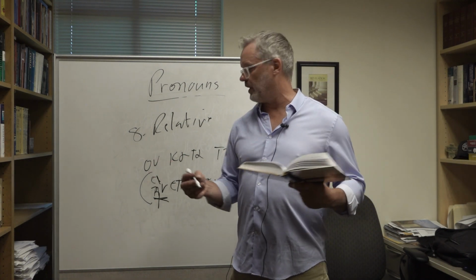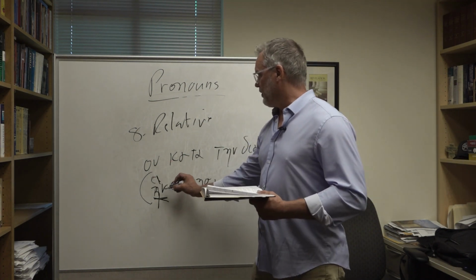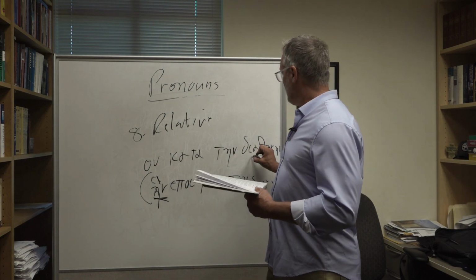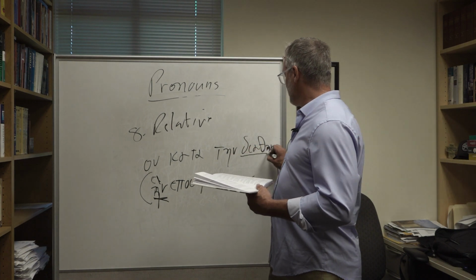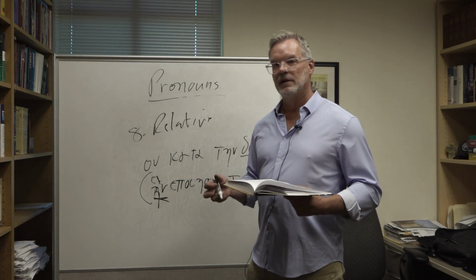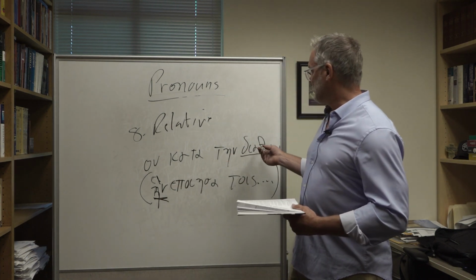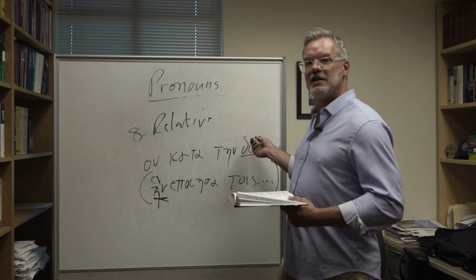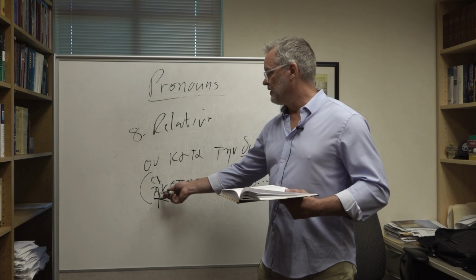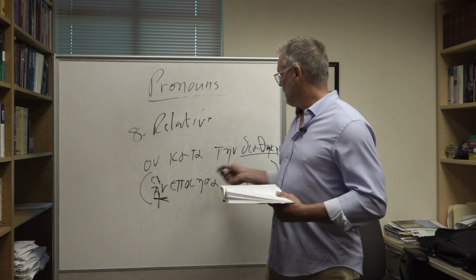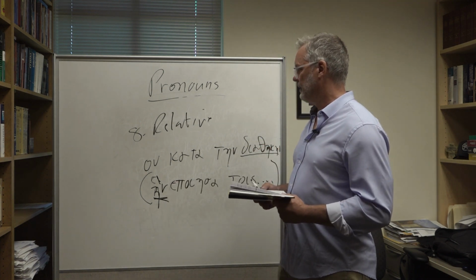That's your relative clause. Now notice here it's functioning as an adjective to modify a noun. It's modifying the noun diathekein. So notice it's in the same gender and number as diathekein. It's singular and it's feminine because diathekein is feminine.